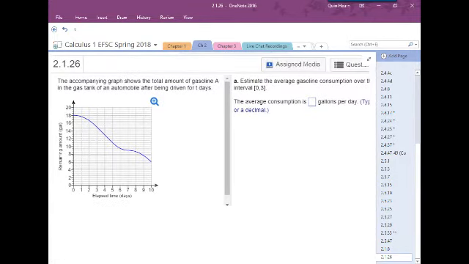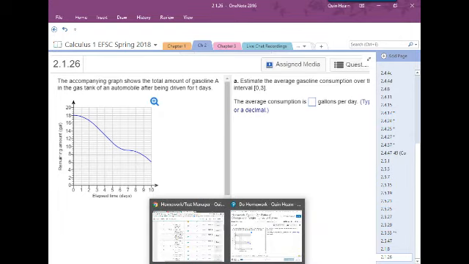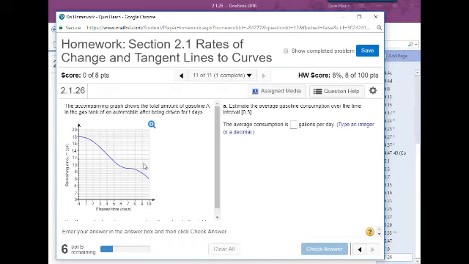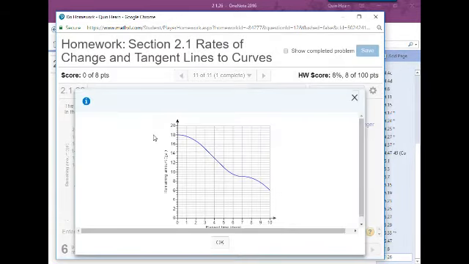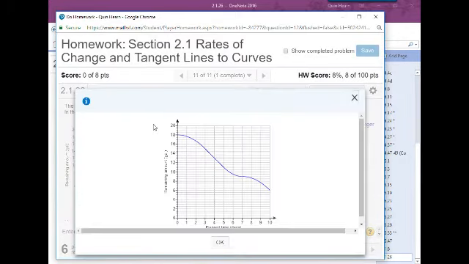Okay, and now I'm going to just make it a little bit bigger. Let's see here. Do I want to do it through here, maybe? I don't think that's that much bigger. Maybe a little bit.